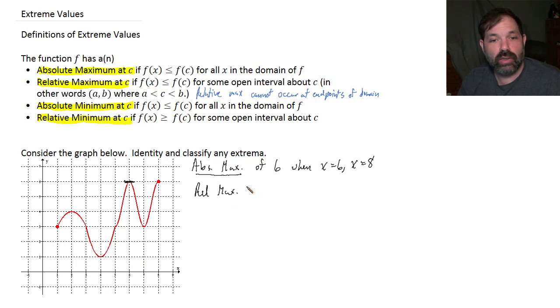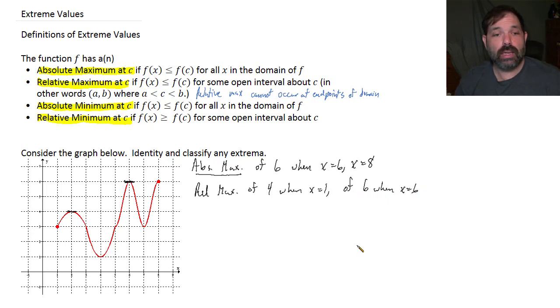Again, the endpoint here cannot give us a relative maximum because it's not over an open interval. I cannot look to the right to make sure that it's the maximum. So it cannot give us a relative maximum.